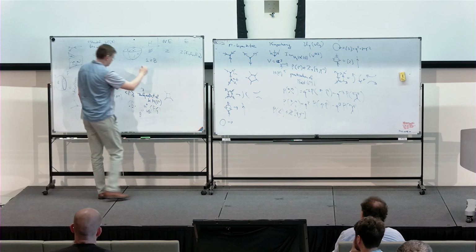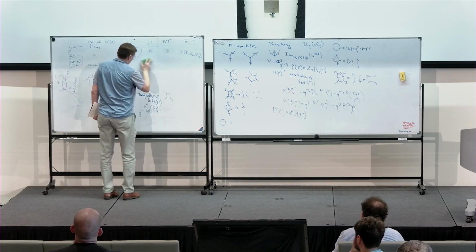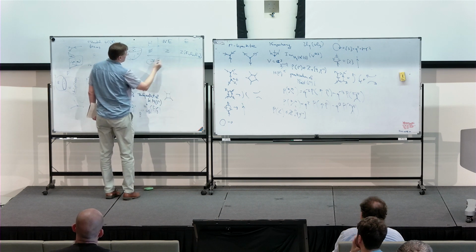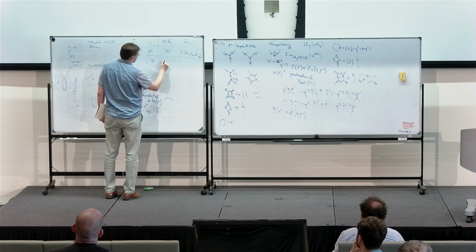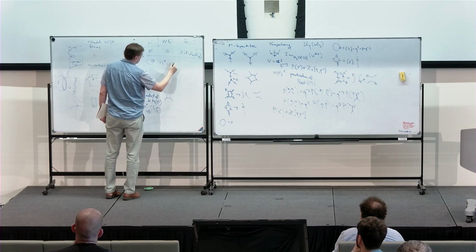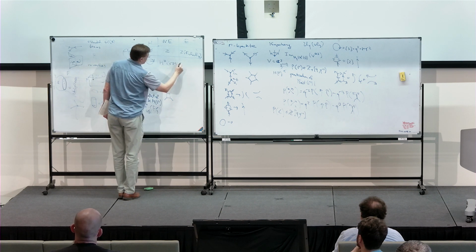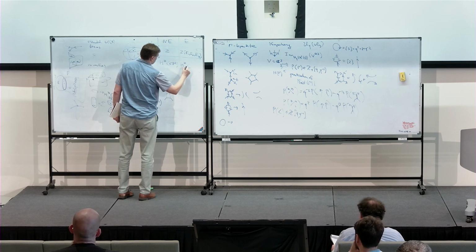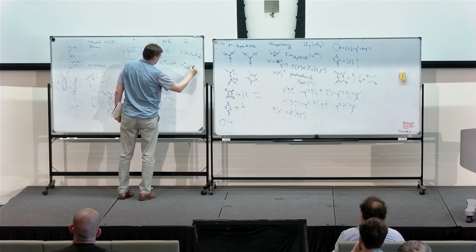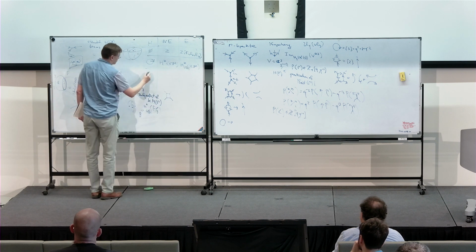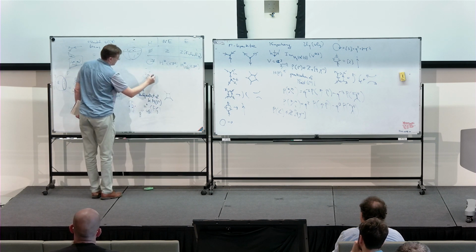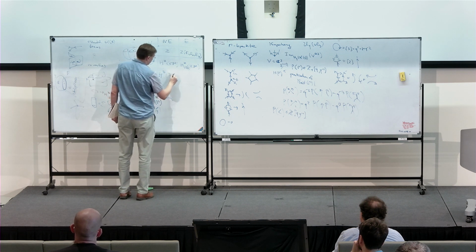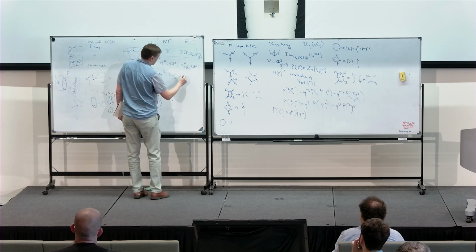And for the circle, here you get non-equivariant homology of CP2, and here you get equivariant homology. And for the trivalent graph, you get usual homology of flag variety FL3, and here you get equivariant homology.